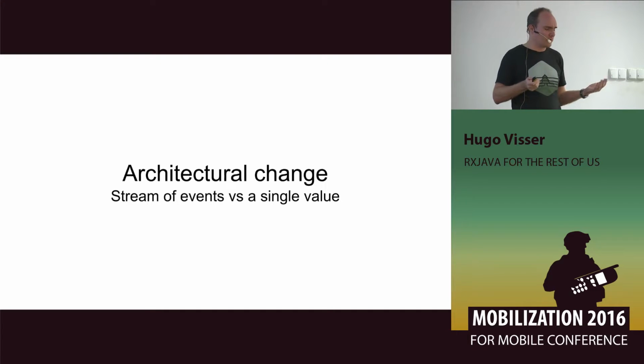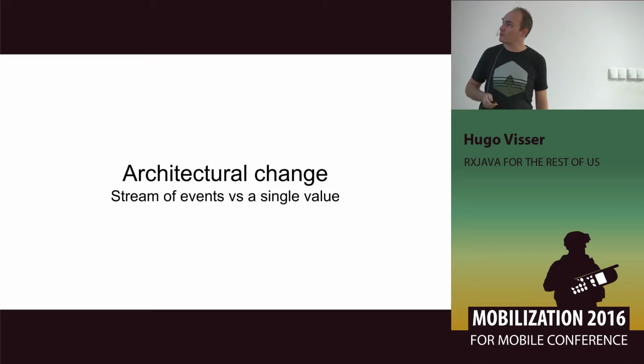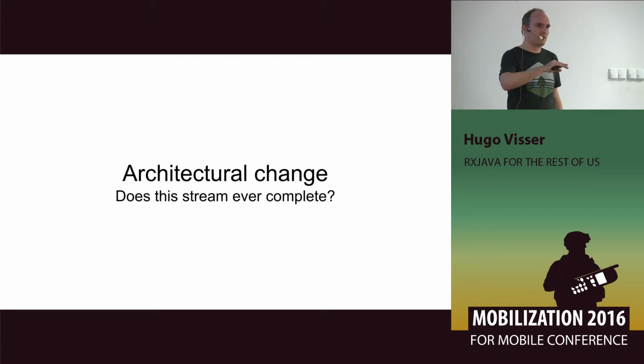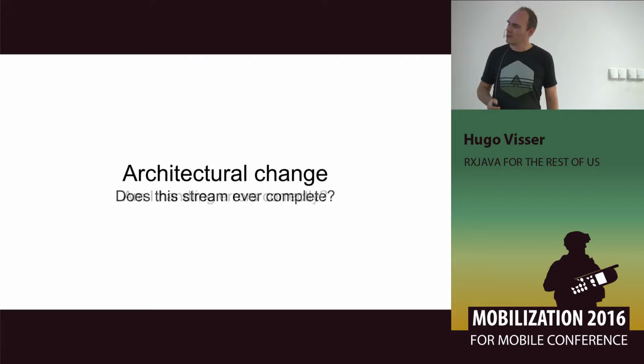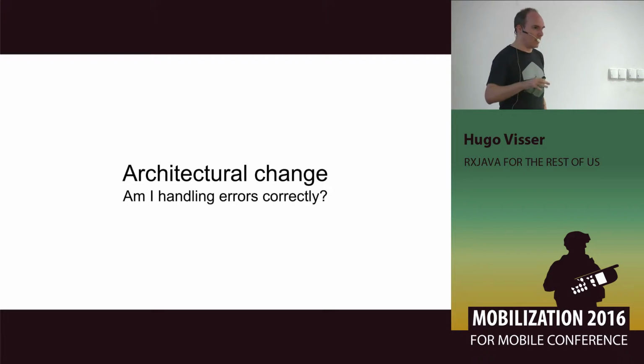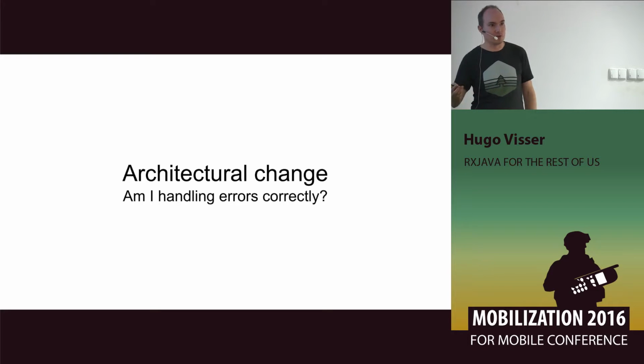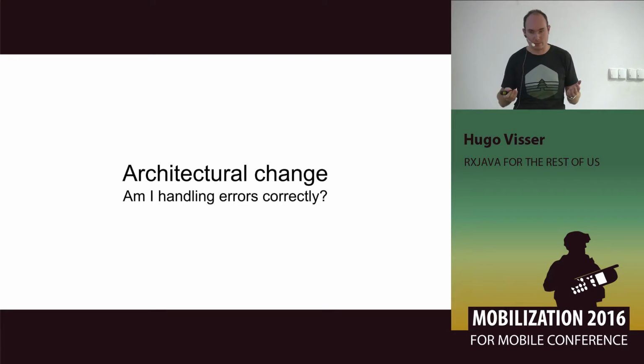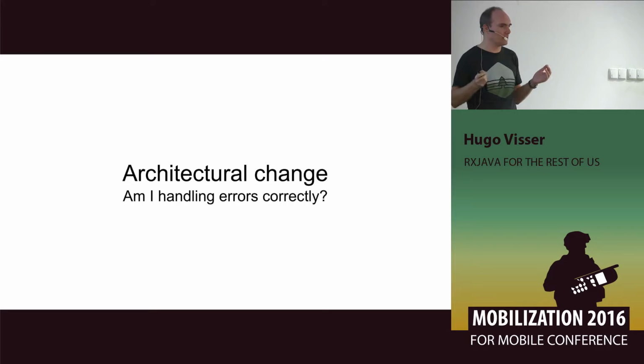And you also have to think about, when dealing with these observables, is this an observable that will emit one event or multiple events? Does the stream ever complete? So is this like a single thing, or does it go on forever? Am I handling these errors correctly? I mean, it's really convenient that you have this one error callback, but it takes a throwable, so it could be any error. Could also be errors that you wouldn't necessarily expect due to programming errors.